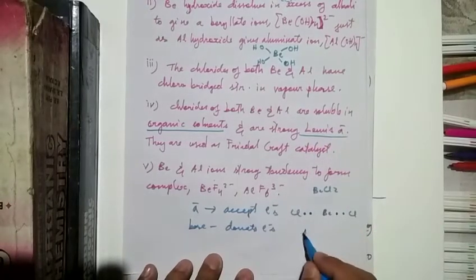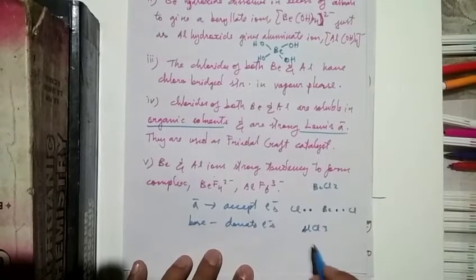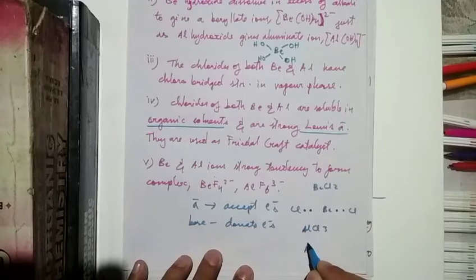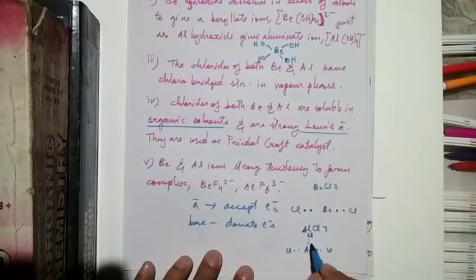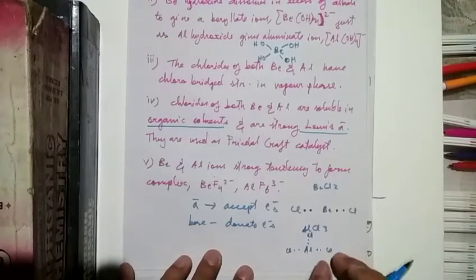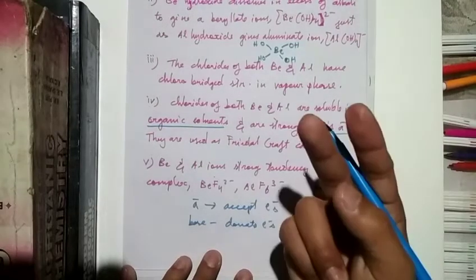Since they tend to accept electrons, they are strong Lewis acids. Now AlCl3, so the structure will be like this, with 6 electrons involved. So it requires only 2 electrons.